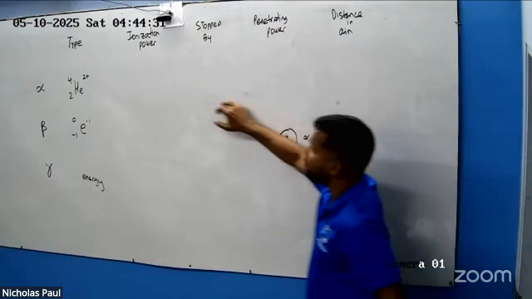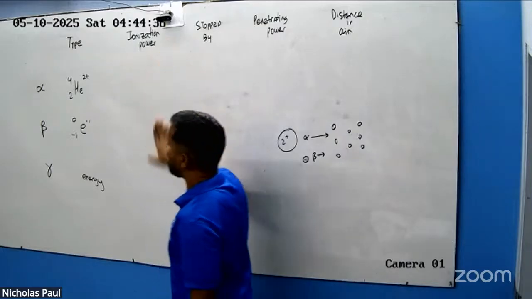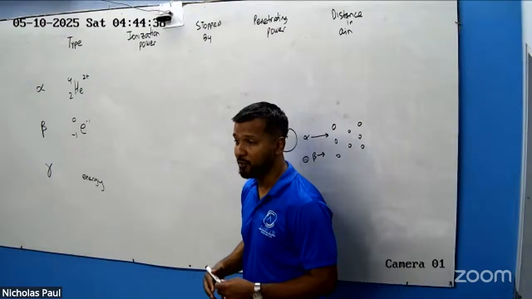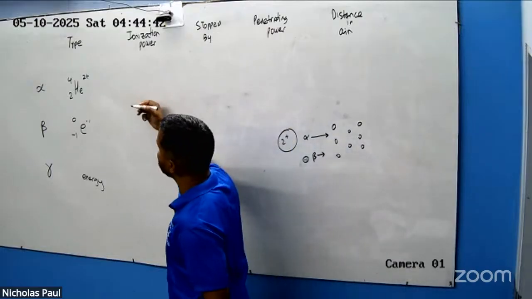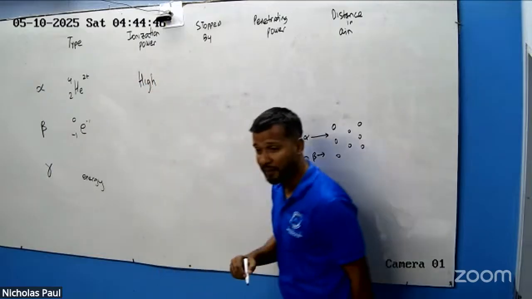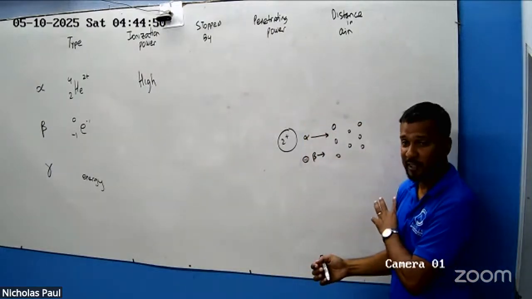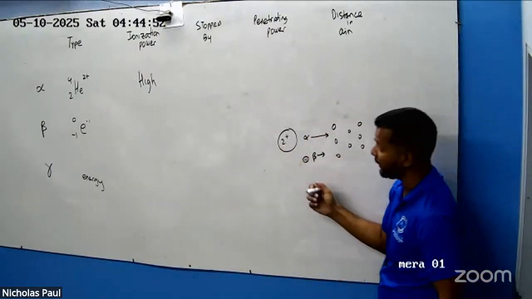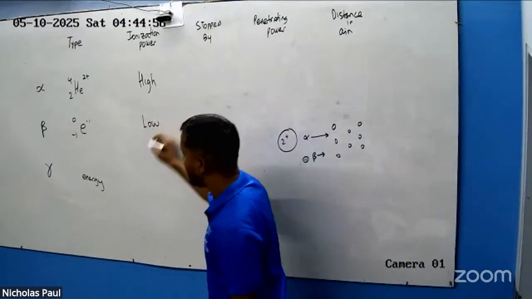So when they ask the ionization power, you're using high or low. So the ionization power of alpha is high. That makes sense? The alpha particles will make these neutral particles get charged way higher than this one here. So you would probably say beta is low. What would you say with gamma?